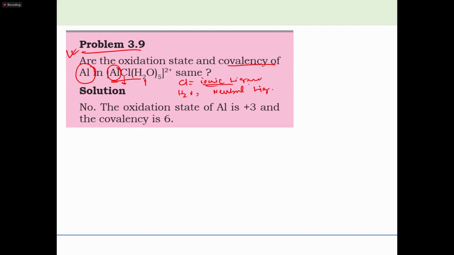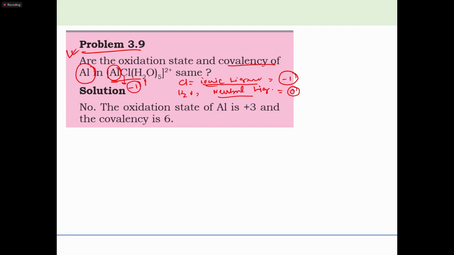An ionic ligand gives a minus one charge, and a neutral ligand gives zero charge. Here the number of chlorine is one, so it gives minus one.